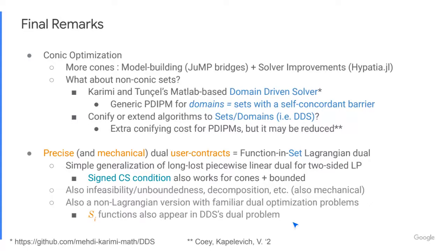And as I mentioned, there's also a way to simplify the Lagrangian dual into more well-known duality frameworks or duality problems. In particular, these S functions that I mentioned, the ones you need to know from the set, also appear in DDS's dual problem, if you look at the documentation, for instance. And I guess I'll stop with a few minutes right here. Thank you again for the opportunity.